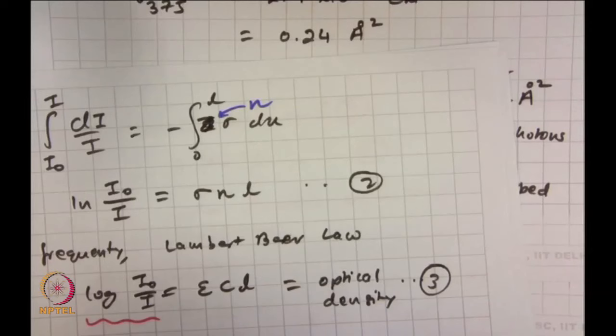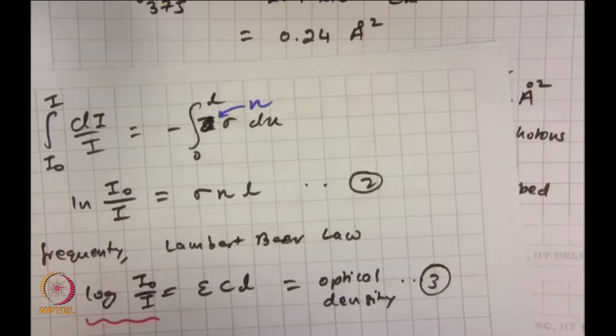If these two are constant, that means you are taking the same concentration of any two compounds and putting it in the same cuvette, that means having the same path length, right. Then what would the absorption depend upon? Extinction coefficient. So, what extinction coefficient tells you is the intrinsic probability that a molecule has towards absorbing a certain radiation.